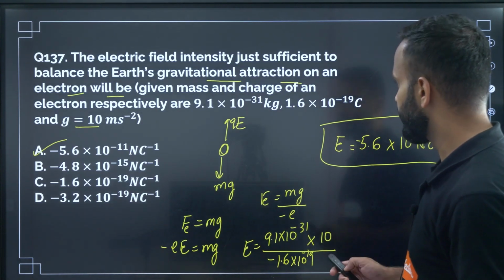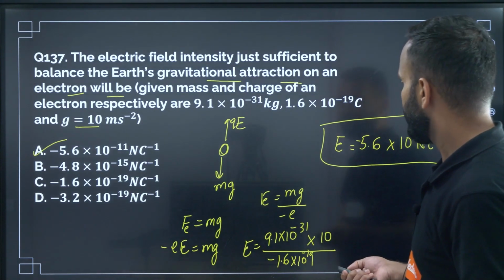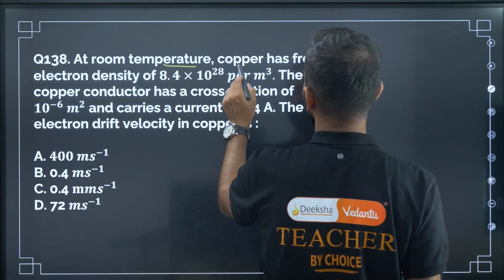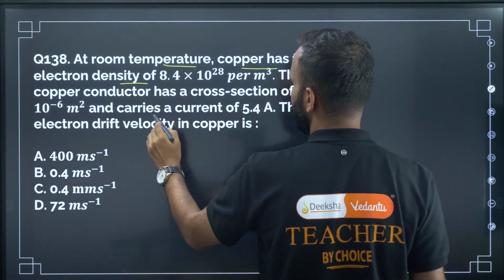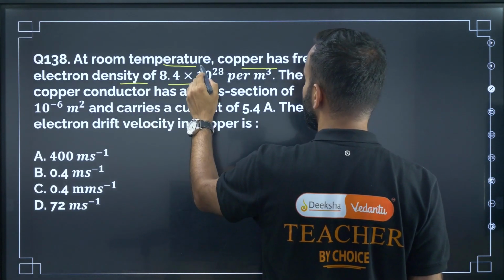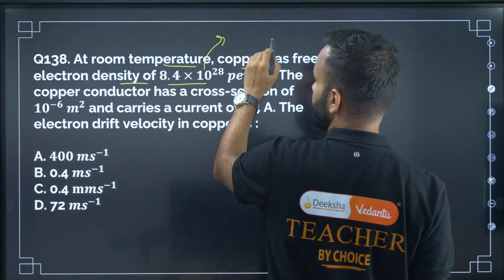Next question, question number 138. At room temperature, copper has a free electron density of 8.4 into 10 to the power 28 per meter cube.